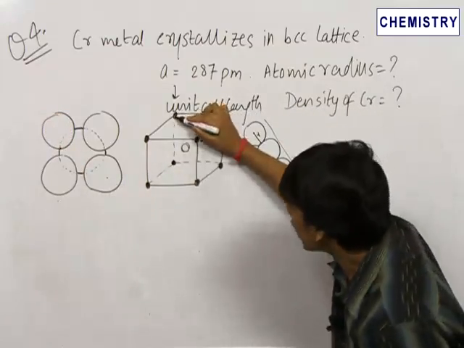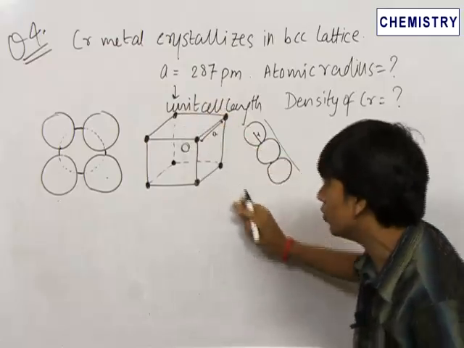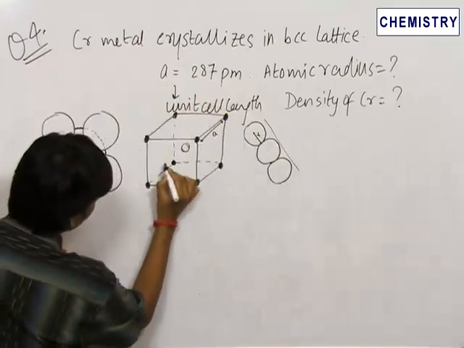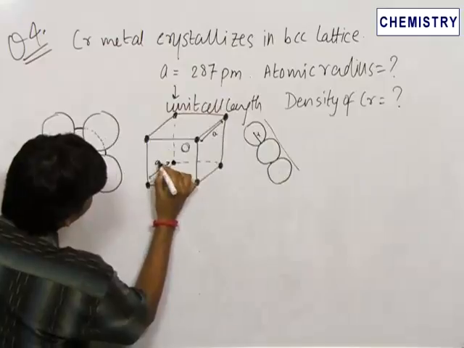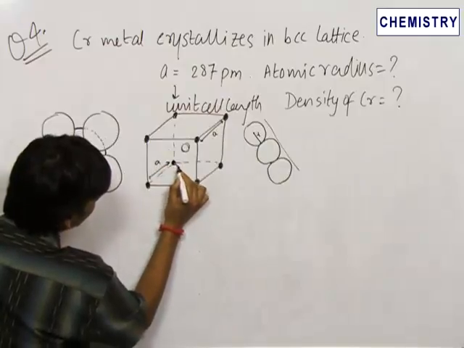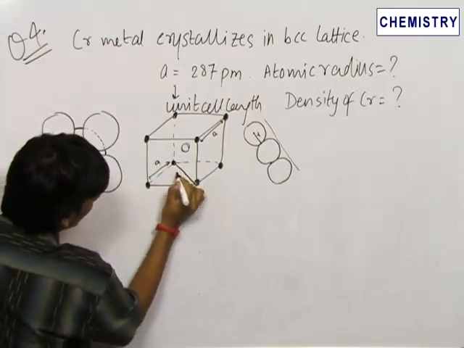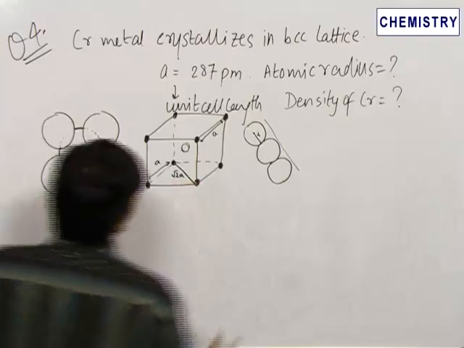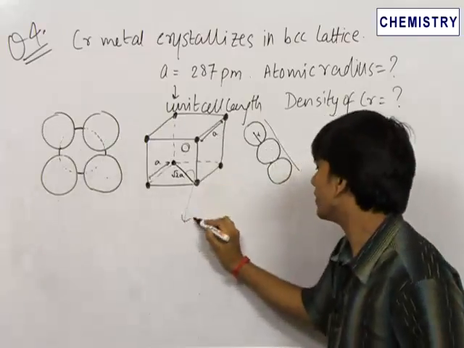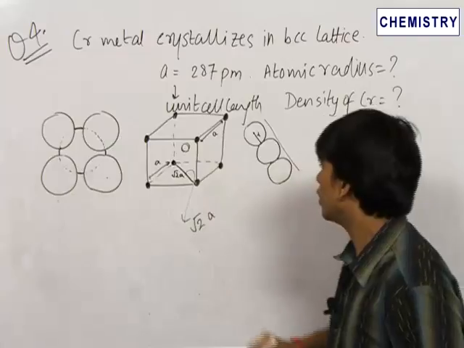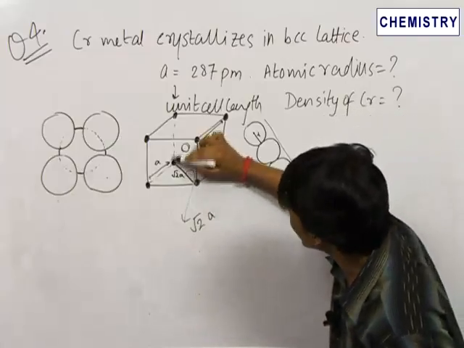So we need to find the length of the diagonal of this cube, which can be easily found. This length is A, this length is root 2 A.